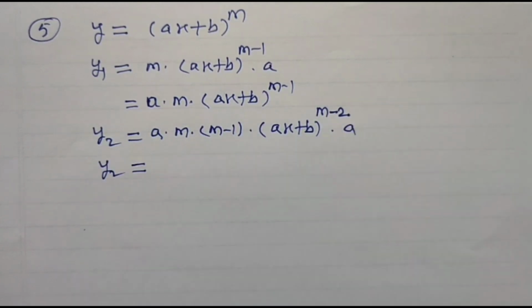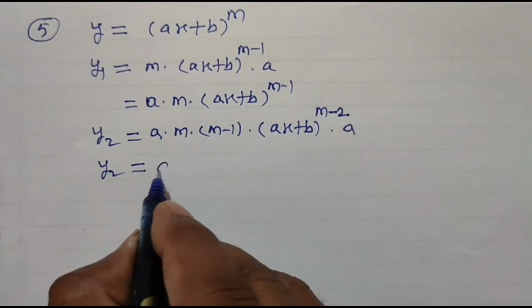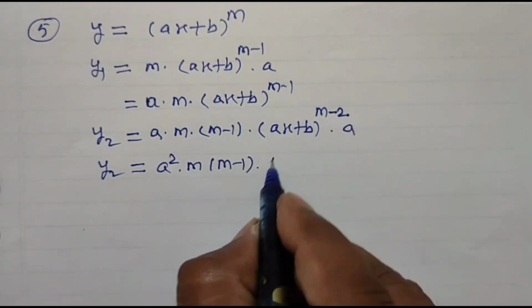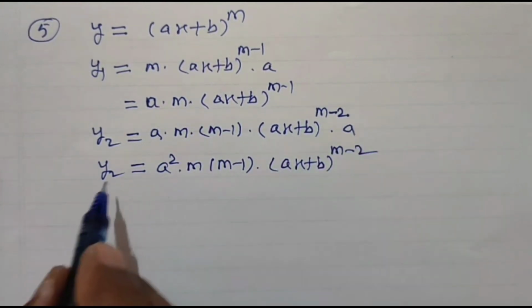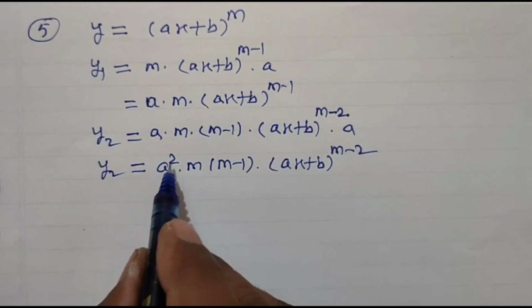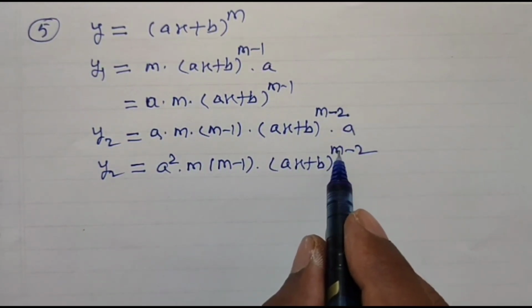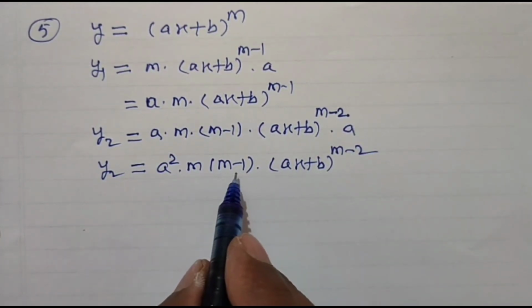The second order derivative y2 is equal to a squared m into (m minus 1) into (ax + b) to the power m minus 2. Now the order is 2, the power of a is 2, and (ax + b) has power m minus 2, and there are two factors, m into (m minus 1).